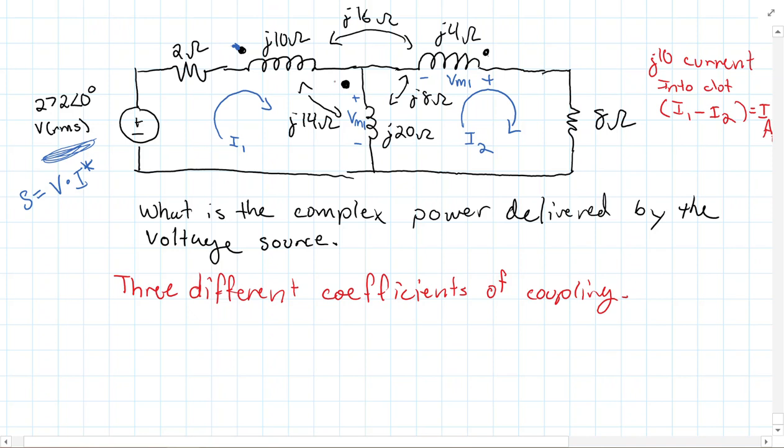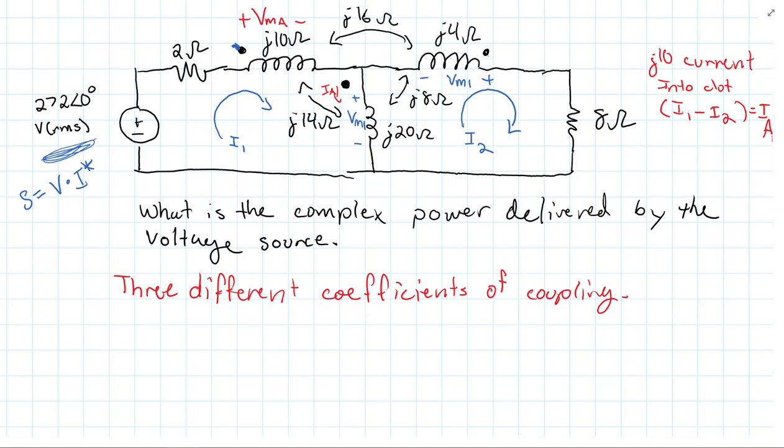Then the arrow here, because I would be drawing I capital A this way, means I'm going into the dot, so there would be an induced voltage on this J10, which would be VMA, because it's being induced by that current A going through the J20.